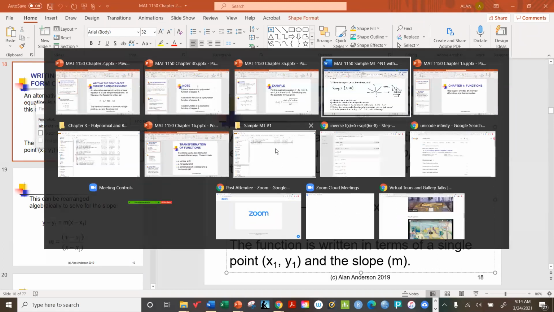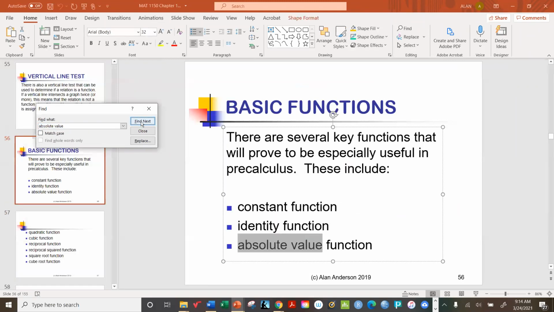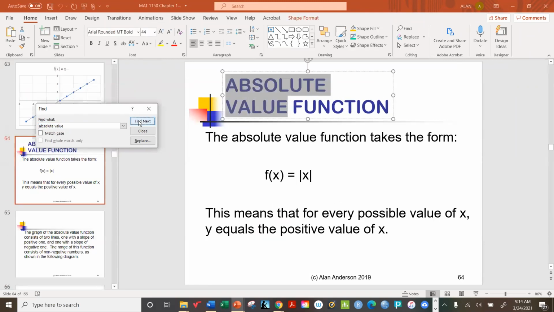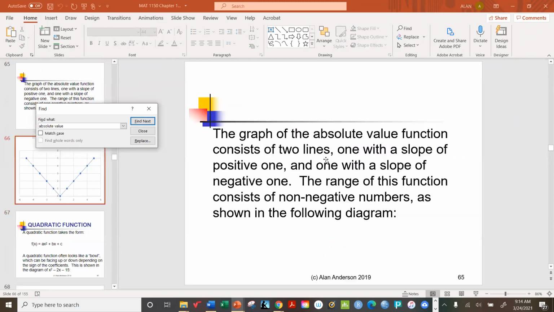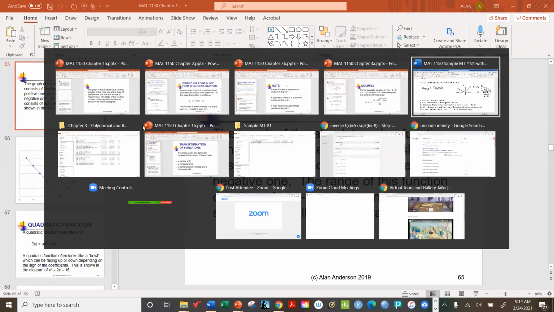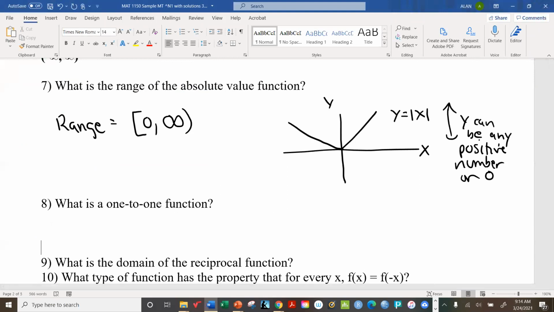No. All right, if you insist, let's try this one. Ah, there we go. 64, although it doesn't explicitly discuss the range at this point. So I guess this one we'll have to figure out. But anyway, so now one-to-one function, we definitely went over this early on, maybe chapter 1.